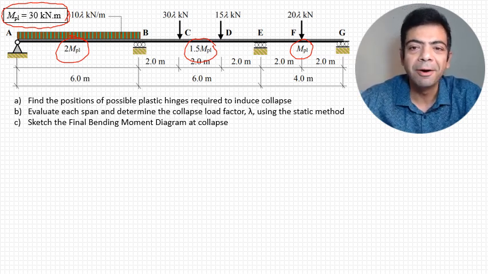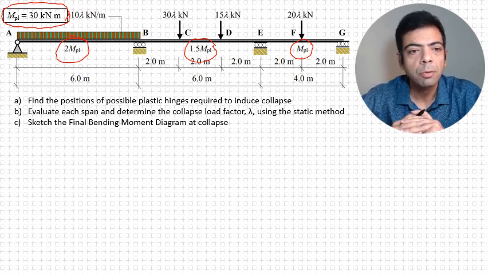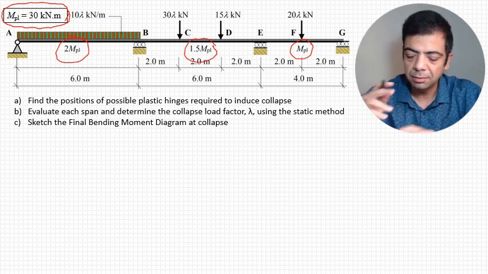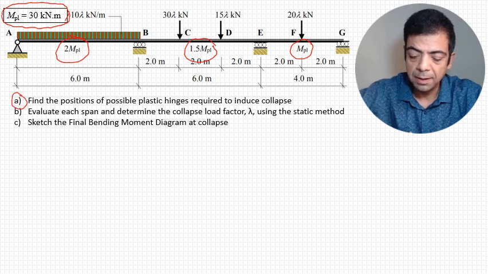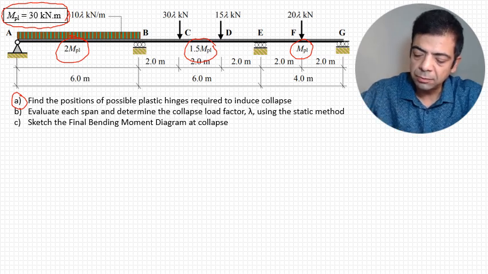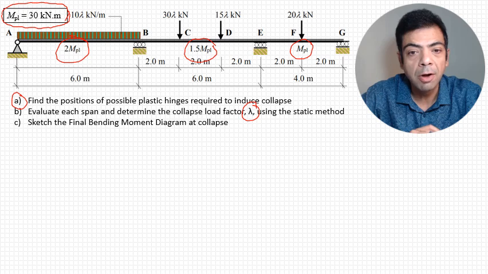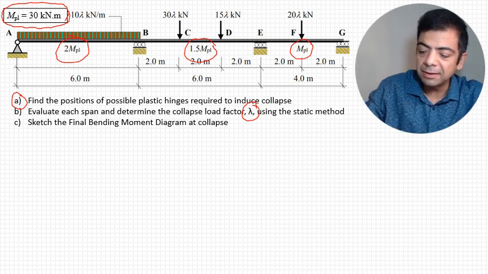Okay, so what are we being asked to do? We're asked to find, this is point A, the position of possible plastic hinges to form collapse. And the second thing is we need to find the load factor that will cause collapse using the static method.